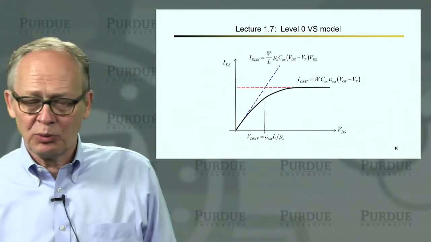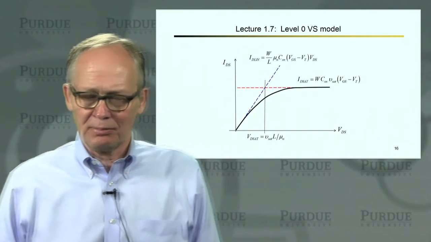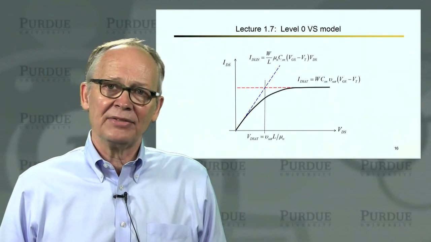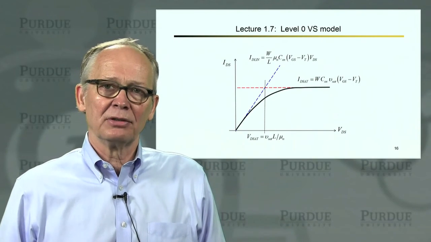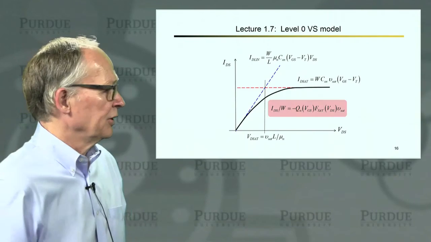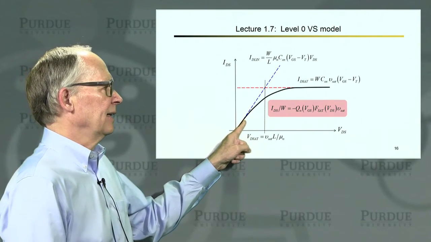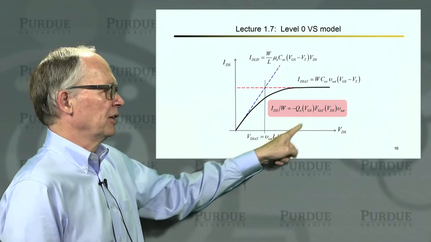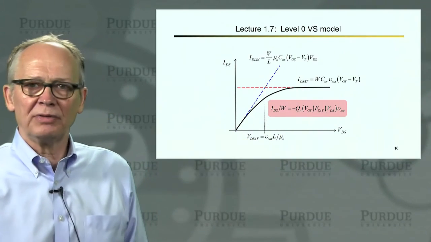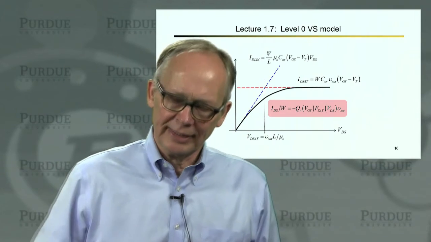Then in lecture 1.7, we developed a very simple model for the complete IV characteristic of the transistor, and we called that a simple level 0 virtual source model. So the idea there was that we could connect the simple linear region expression with the simple saturation region expression with some empirical function that goes smoothly from one to the other.